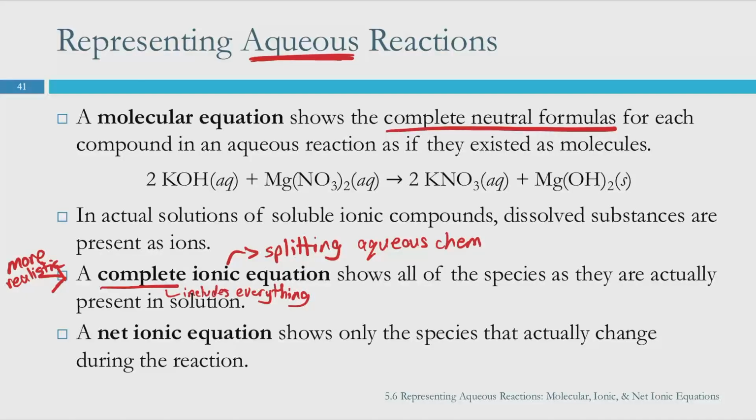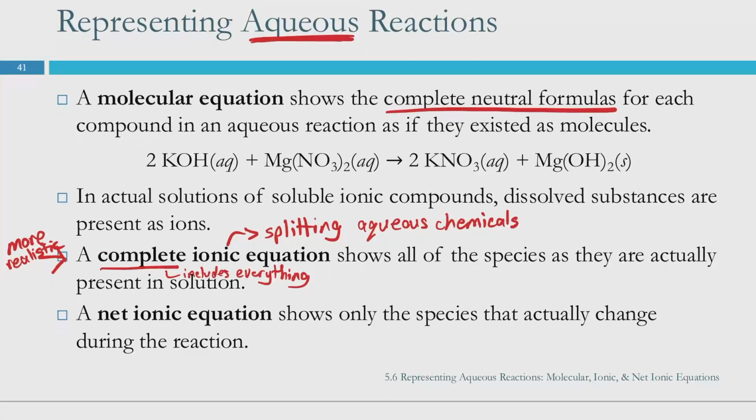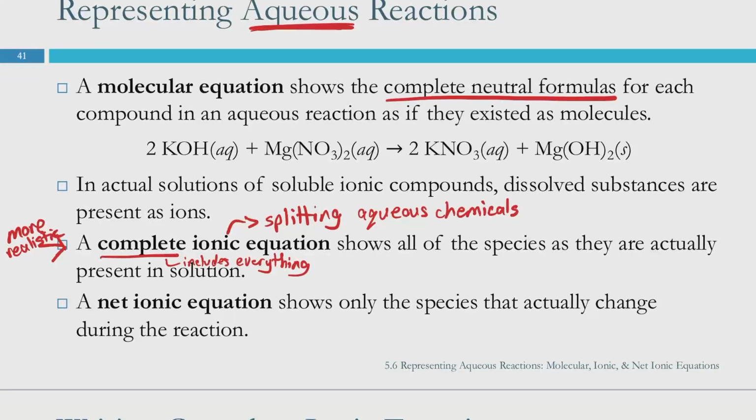So anything that we have that has AQ after it is dissolved in solution. If it's got this AQ after it, that means the cations and the anions have separated in solution. They've been pulled apart, probably by the water molecules, and they're actually floating around as their own individual ions. So that's splitting the aqueous chemicals into ions.